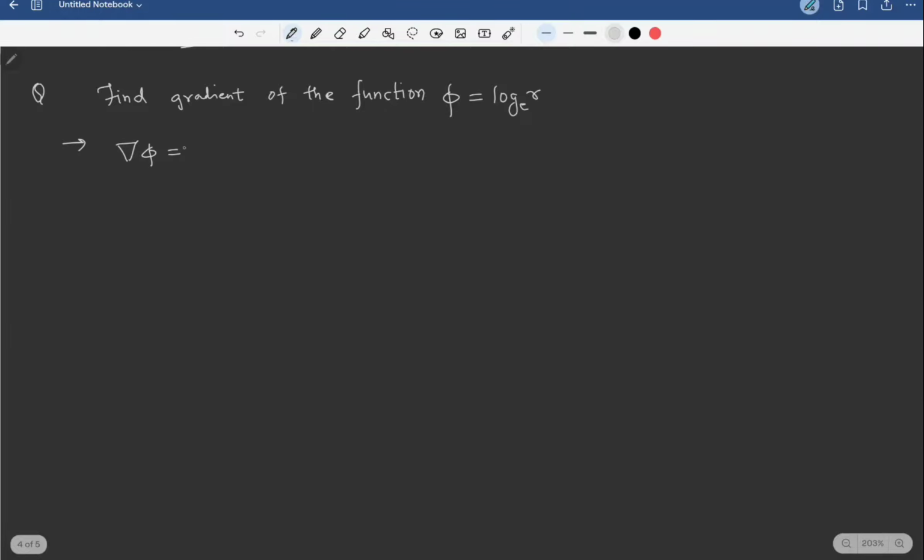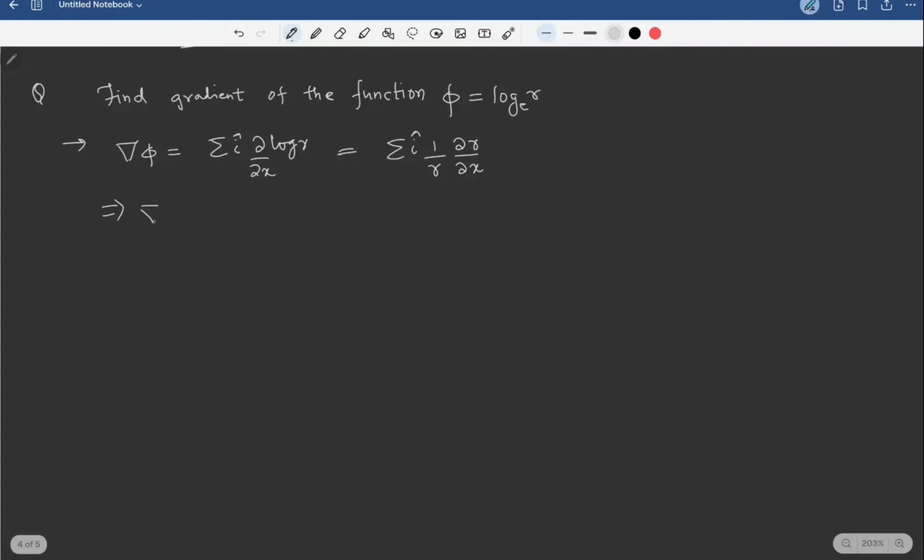So what we get, applying the same formula: grad phi is equal to i cap into del by del x of the function, that is log r. We get i cap into differentiation of log, which is 1 by that function, r, again into del r by del x.